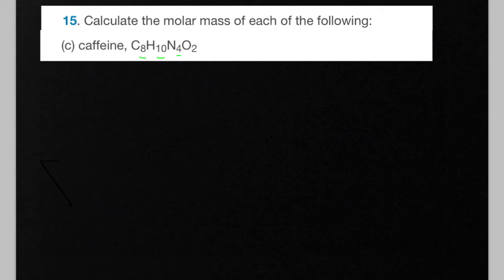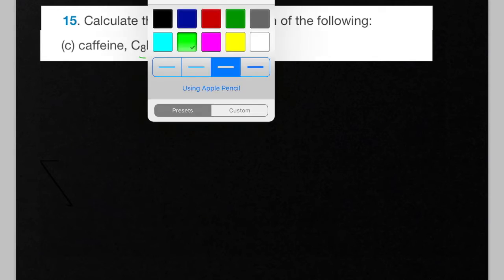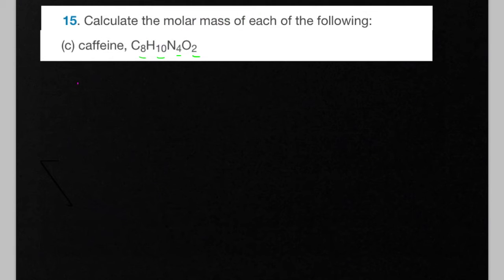Caffeine. All right, so 8 carbons, 10 hydrogens, 4 nitrogens, 2 oxygens. Quite a handful there. So let's go ahead and compute the molar mass here. So we have 8 carbons. Each of them has an average atomic mass of 12.011. So we multiply all the subscripts by their masses that we find in the periodic table.